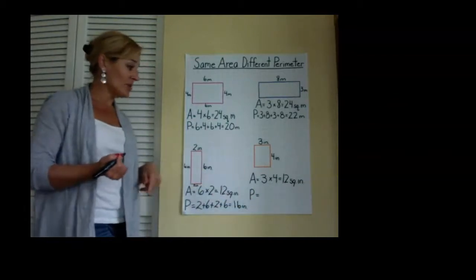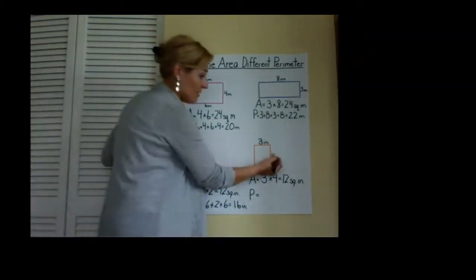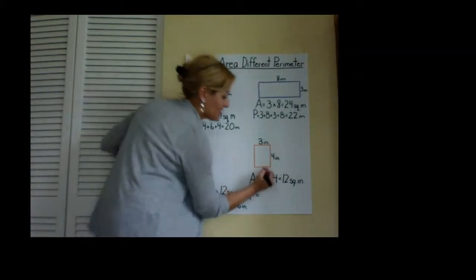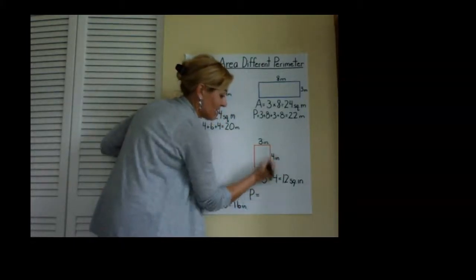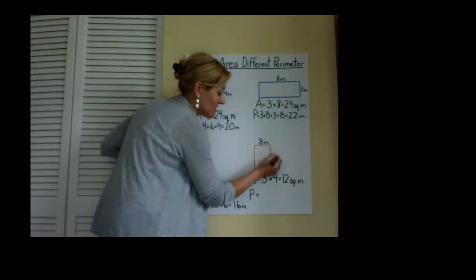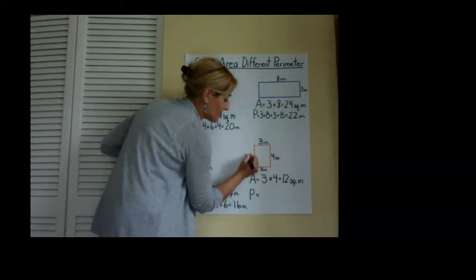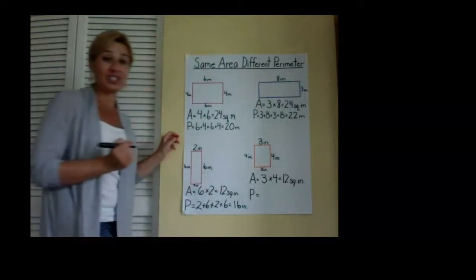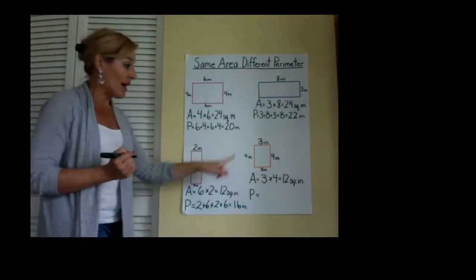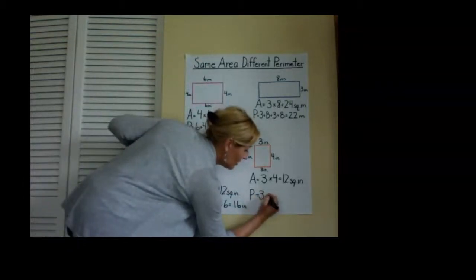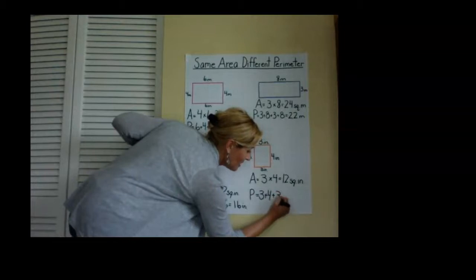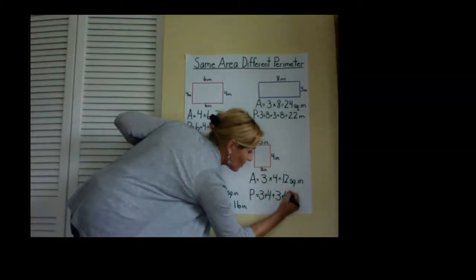And my perimeter, remember, we're going to add up all the sides. So if this is 3 inches, that means that side's 3 inches. If this side is 4 inches, that means the opposite side is also going to be 4 inches. So I can add up all my sides. 3 plus 4 plus 3 plus 4.